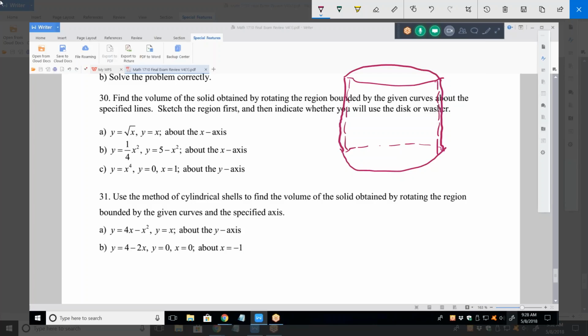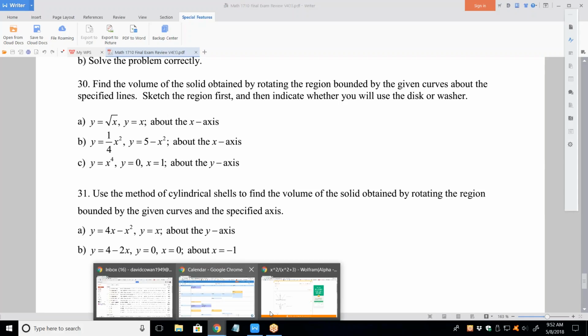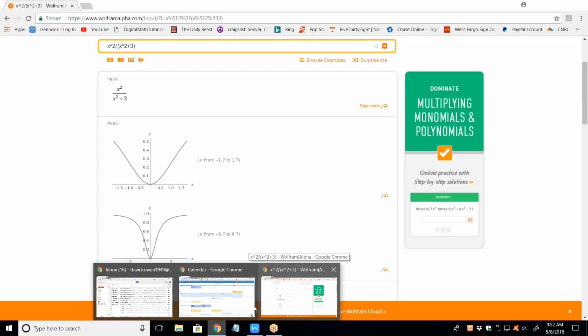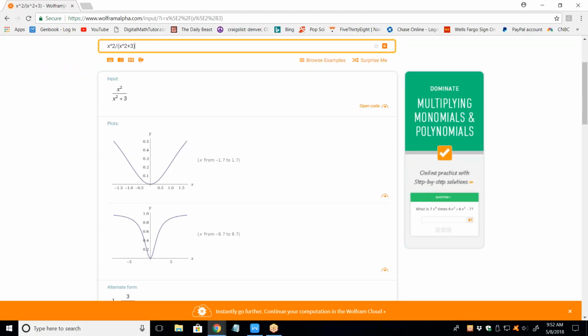All right, let's just do the one they want us to do here. I'm going to graph that on Wolfram Alpha momentarily just so I don't waste time and we can maybe finish the problem. 4x minus x squared.